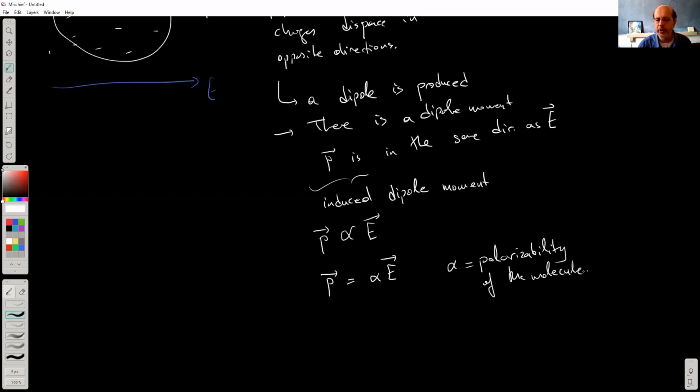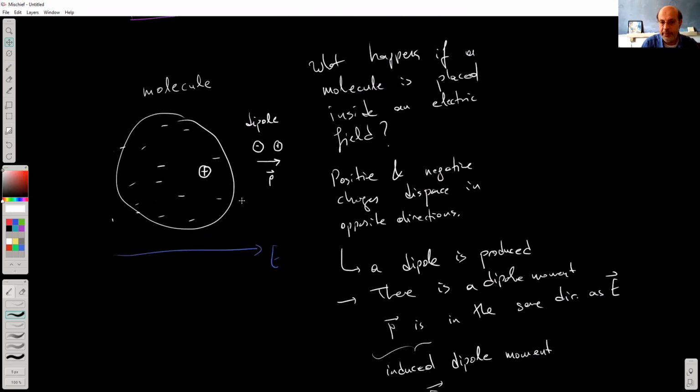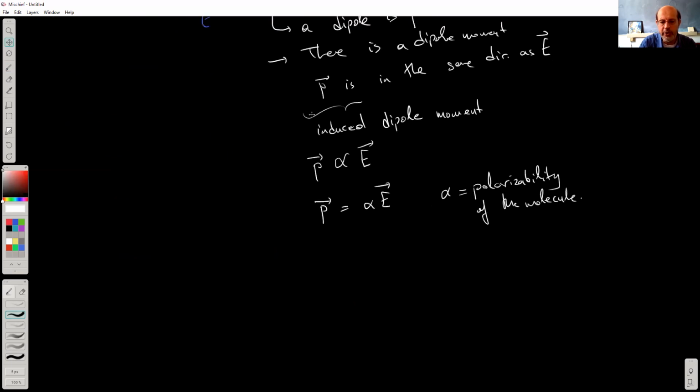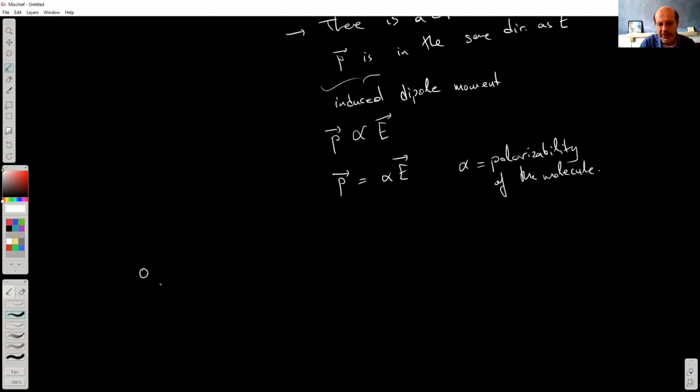A highly polarizable molecule means that if you apply a small electric field, it just develops a large polarization. Okay, so this is perhaps an explanation for a molecule which is not already polarized. But there are other molecules like, for example, water molecules. You know the water molecules? These are already polarized, so they have some kind of a permanent dipole moment. There are these water molecules, for example, in space.